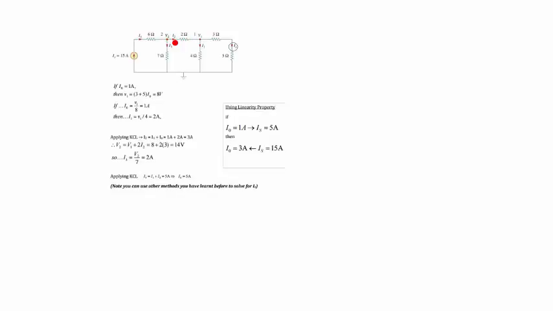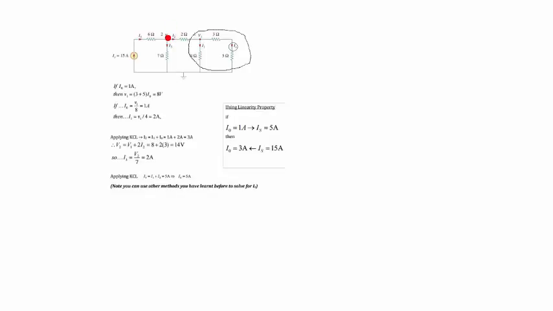Now to find the voltage across this, we can add these two in series, then these two in parallel, and then add whatever value you have here with this in series. Since you know your current I2 is 3, 3 times the resistance you get here will give you the voltage across V1 and V2.